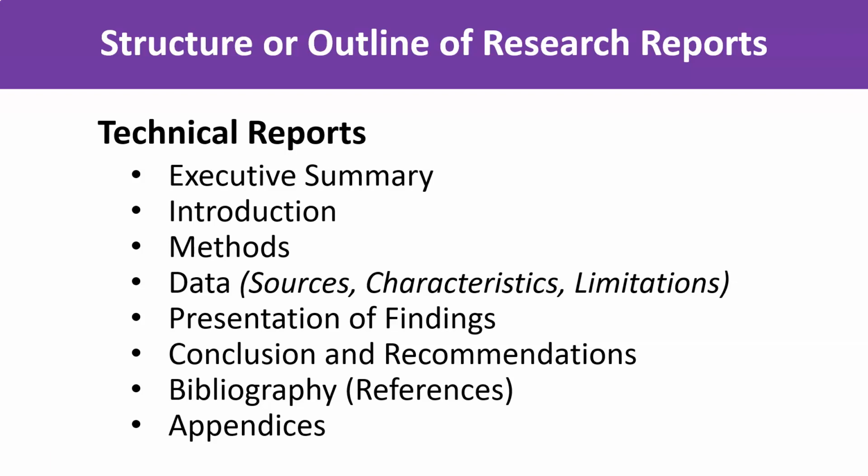Then it will have bibliography, which are the references, as well as appendices. So these are, in general, the form technical reports take. Of course, there could be slight modifications here and there, but these are the essential things.